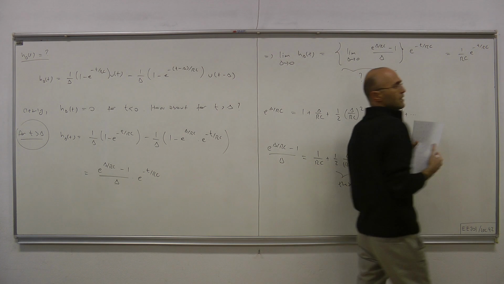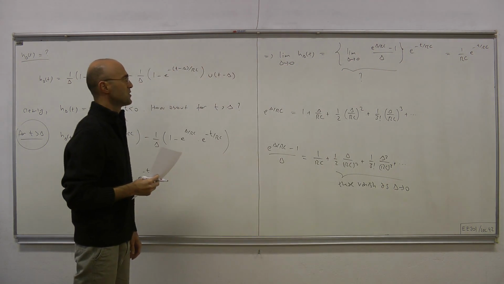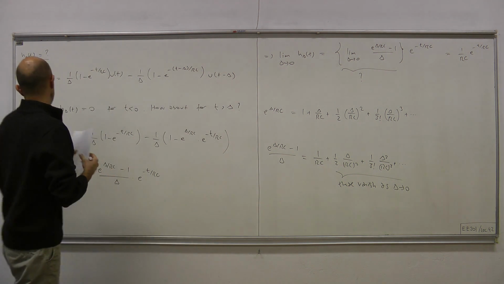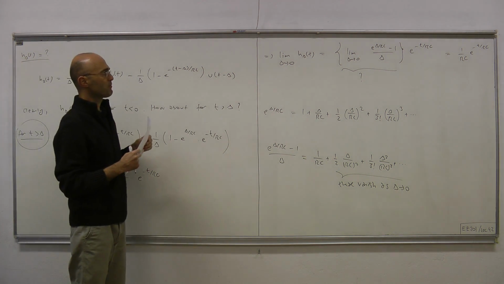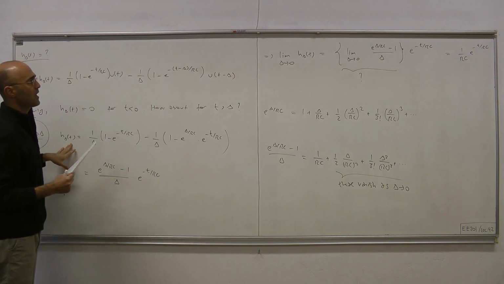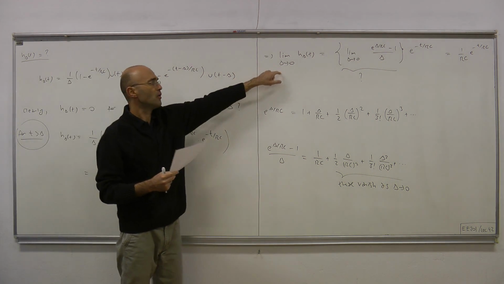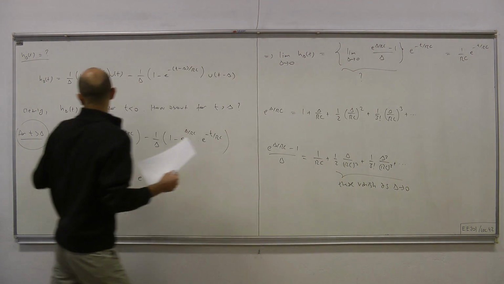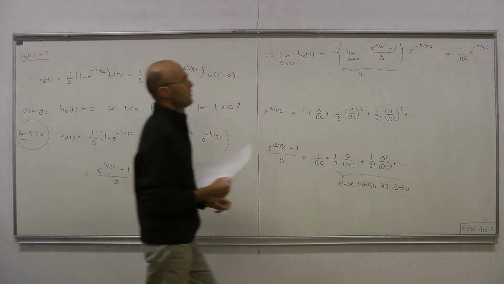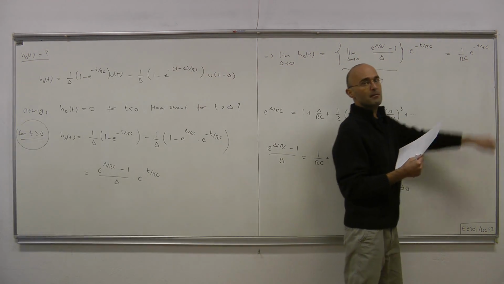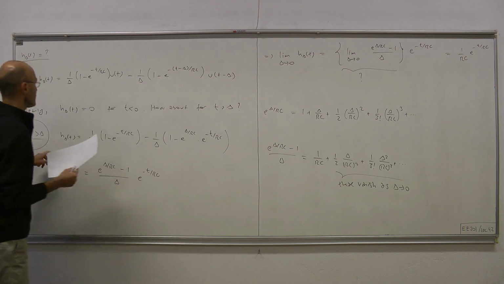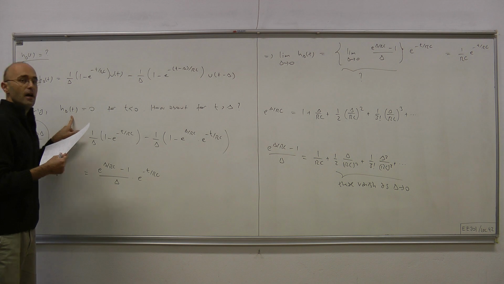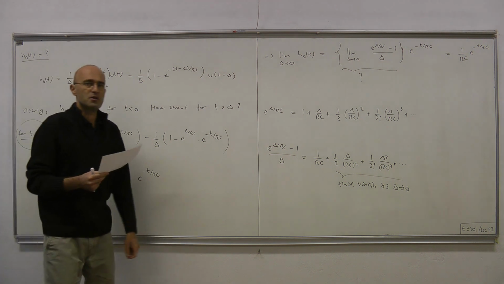t over RC. Now what we're going to do is combine the pieces. For t greater than delta, we obtain h delta of t, and therefore, as delta goes to 0, we have this expression for the pulse response. So for t greater than 0, we have this in the limit, and for t less than 0, the pulse response is 0, therefore its limit is also 0.